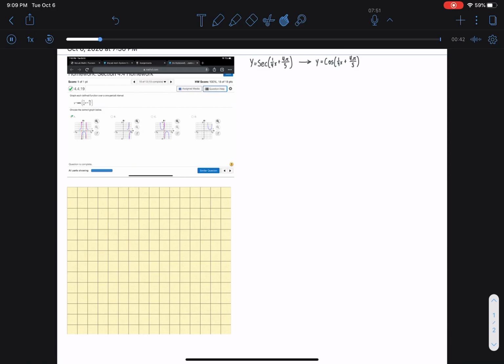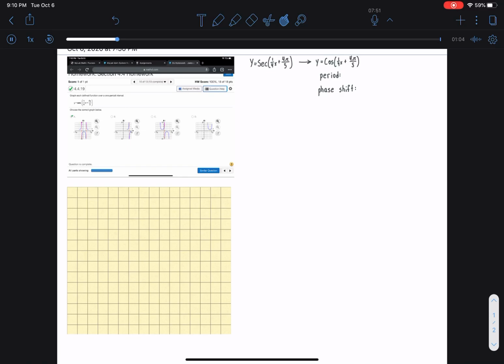And to graph this, we're going to have to find a few things. First off, we're going to want to find the period. We're going to need to find the phase shift.